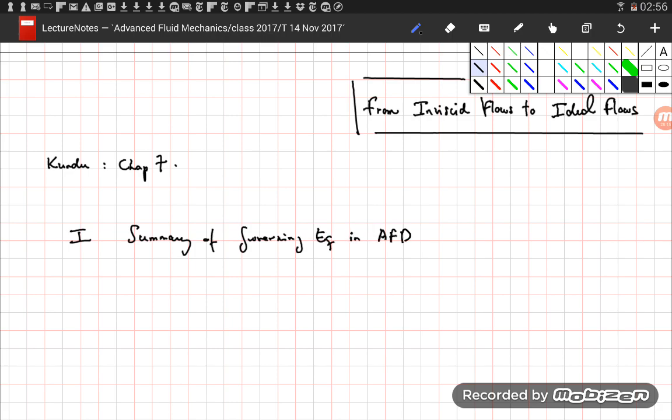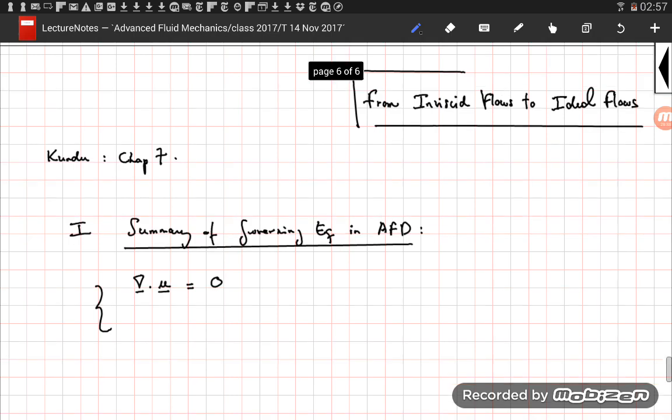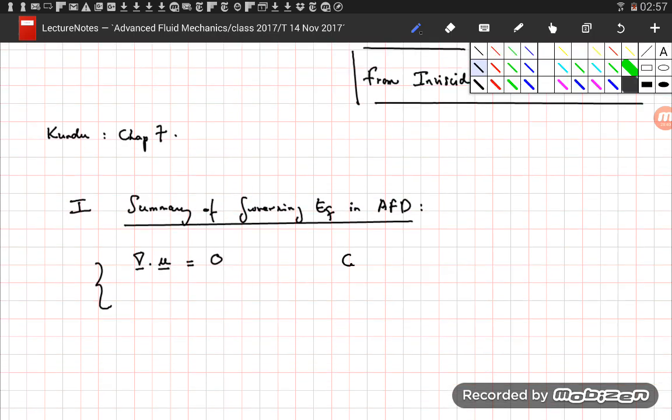Here is the general set of partial differential equations, PDEs, that govern flow. The mass conservation for incompressible flows we can write as the divergence of u equals 0. This is the continuity equation, or the mass conservation equation.